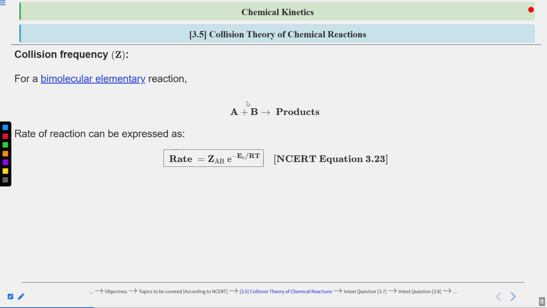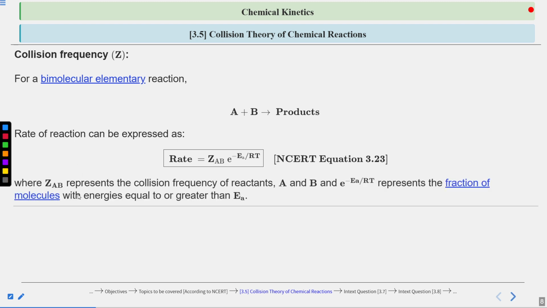So the rate of reaction for this bimolecular elementary reaction can be represented as rate equals ZAB e to the power minus EA by RT. This is NCERT equation 3.23.